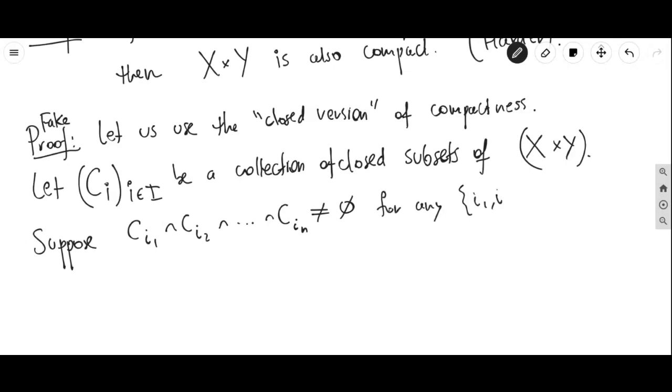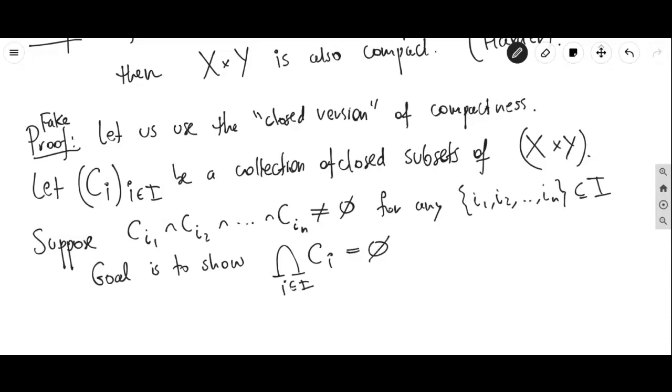So if you choose a finite collection of indices, a subset of I, the indexing set, and the intersection of all of them is not empty, then the goal is to show that the intersection of all of these is also non-empty.